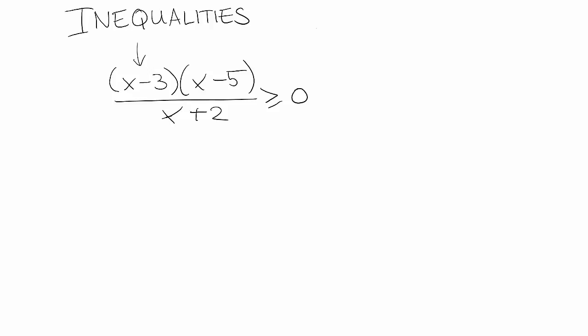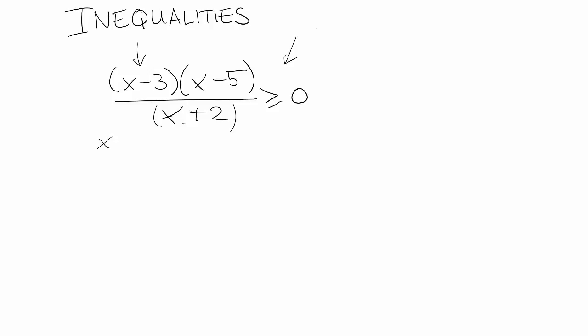So you could have had to do quite a bit of work to get here, but the goal is to have a 0 here and everything as factored as possible. That way you know where you can't have a denominator, and also what your potential crossing points are. Be careful of not multiplying both sides through by the denominator, because then you're losing your original restriction of what could not be here in the denominator, in this case a negative 2.